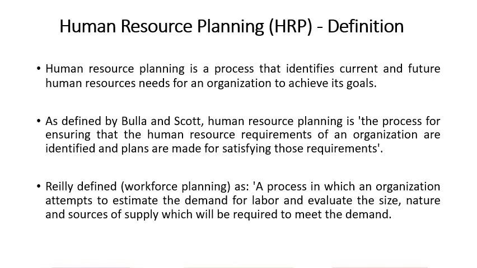So this process of ensuring that requirements of human resource of an organization are identified means the organization knows how many people they require and what kind of people they require, and plans are made for satisfying those requirements. An organization should be ready with their plans for how they will get that kind of people in their organization.